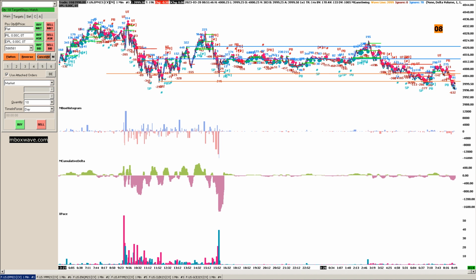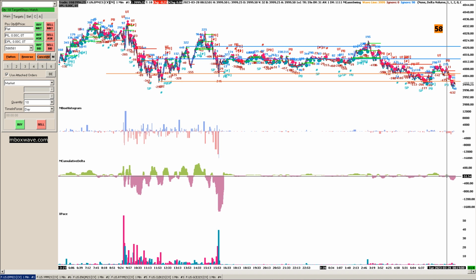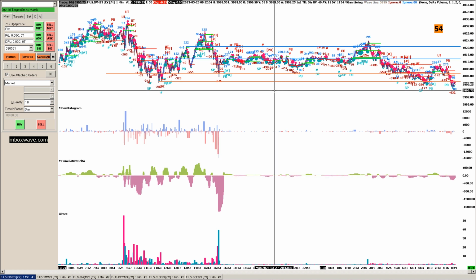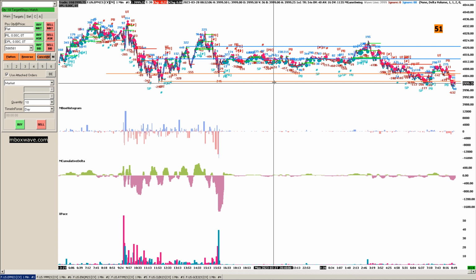If price continues to tank down, these lines won't have much effect. We'll see if there's more supply and selling. We'll see if these lines hold. Otherwise, I'll redraw some of the lines.